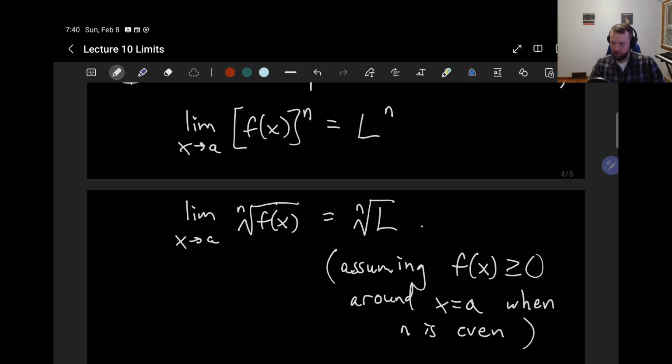I wouldn't worry about this too much, but I do technically need to say this. This just ensures that this expression exists in the first place. Remember, you're not allowed to take the square root of a negative number. That's basically what's going on here.